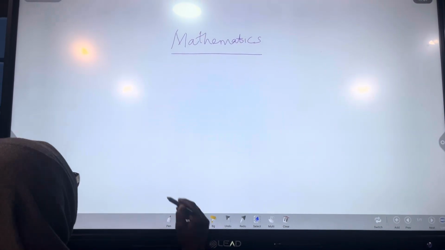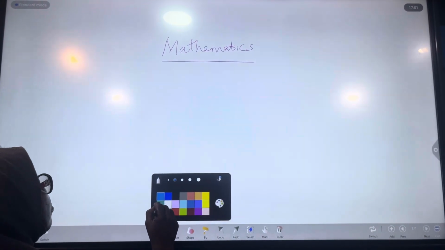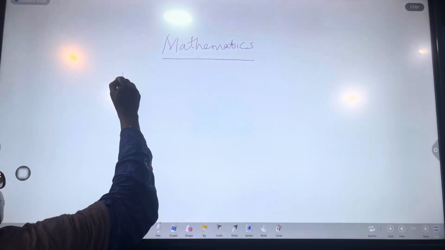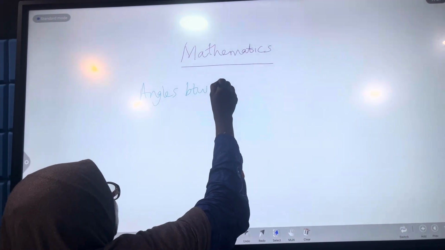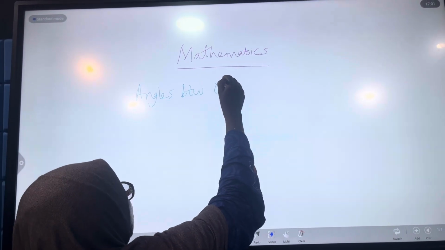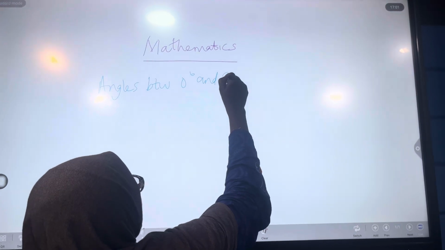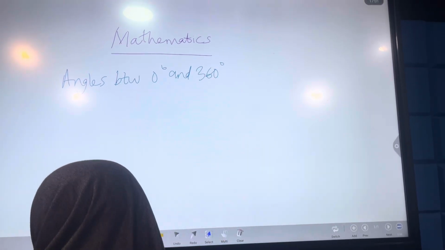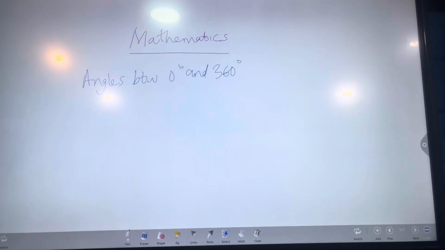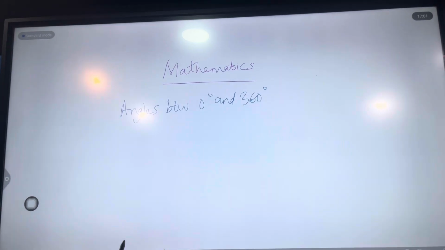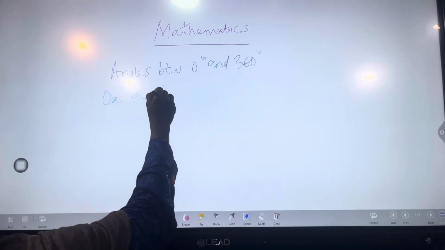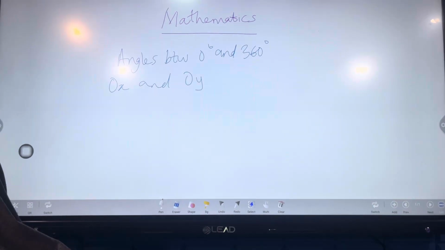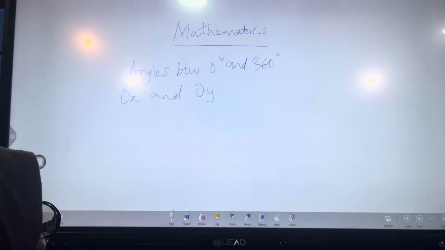Angles between 0 degree and 360 degrees. Under this, we look at the Cartesian axis of Ox and Oy. How does it divide the plane?